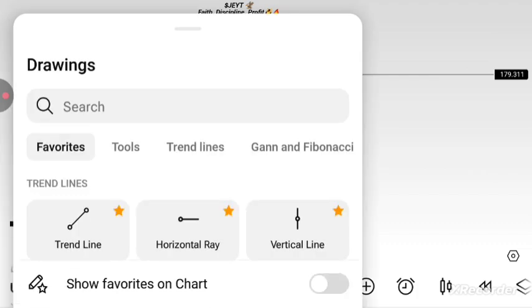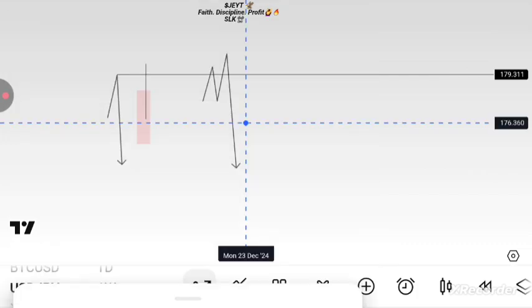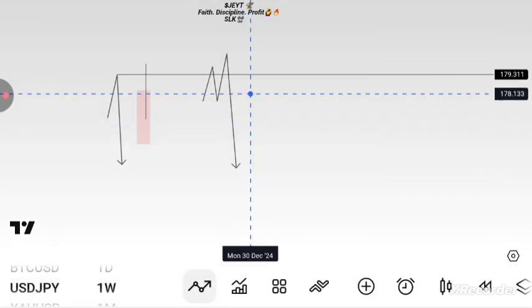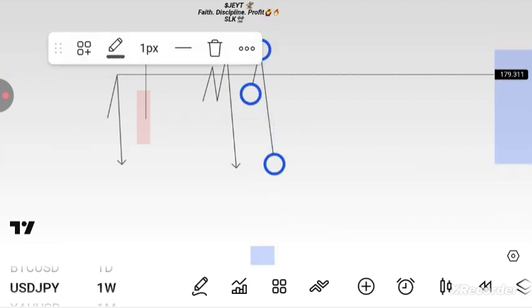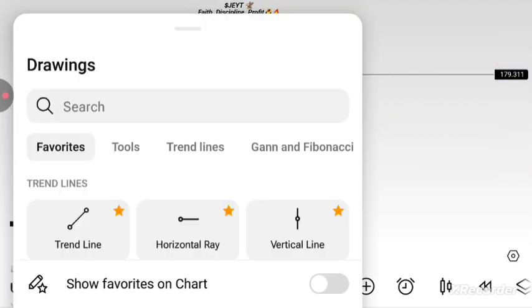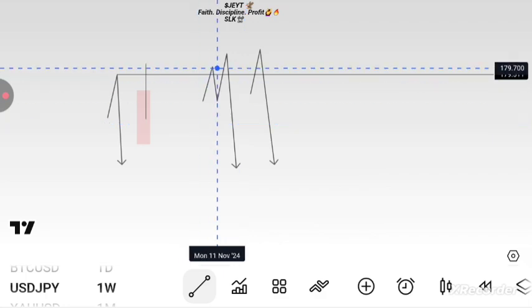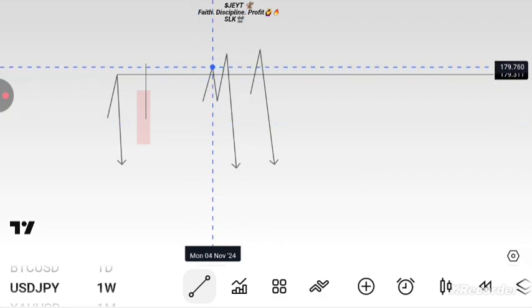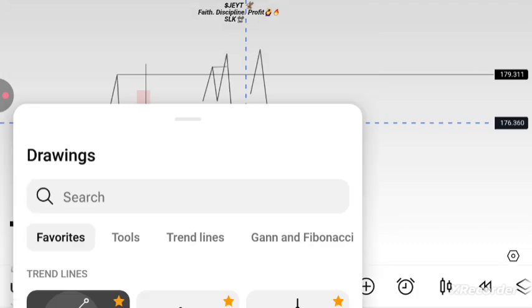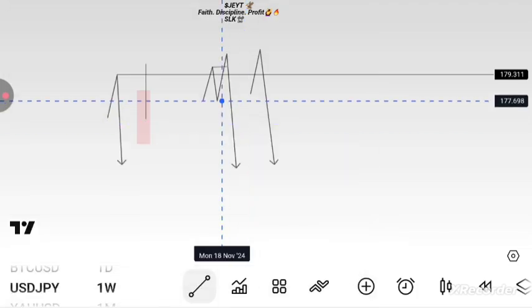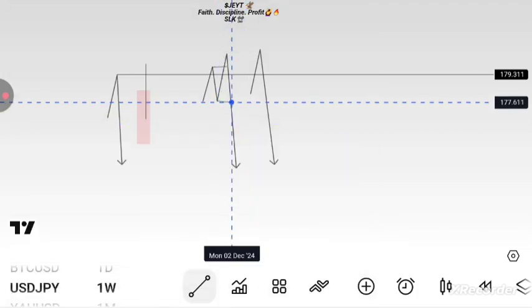Or you are going to see the most recent breakout. So on the daily time frame, price sweeps liquidity and breaks structure. A sweep and a break.